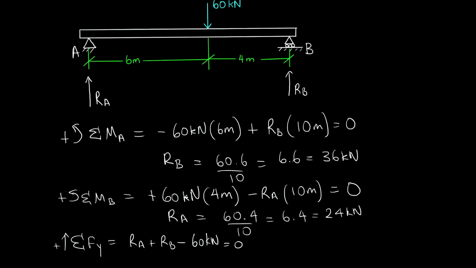So we can check this. We can plug in our values for RA and RB. RA is equal to 24 kilonewtons, plus RB is equal to 36 kilonewtons. And yes, it does indeed add up to 60 kilonewtons.